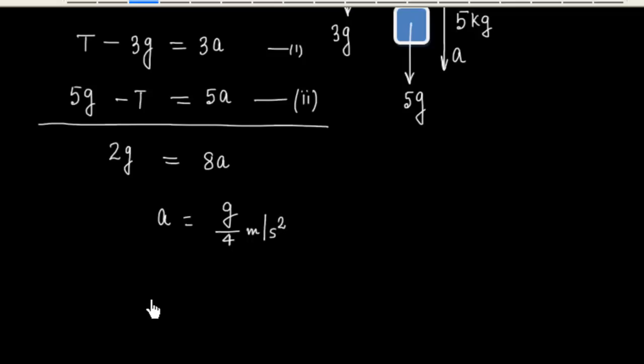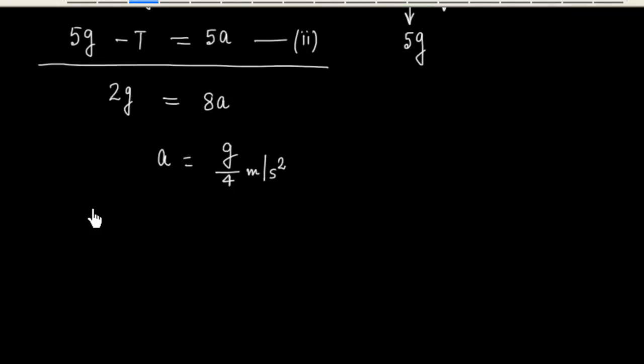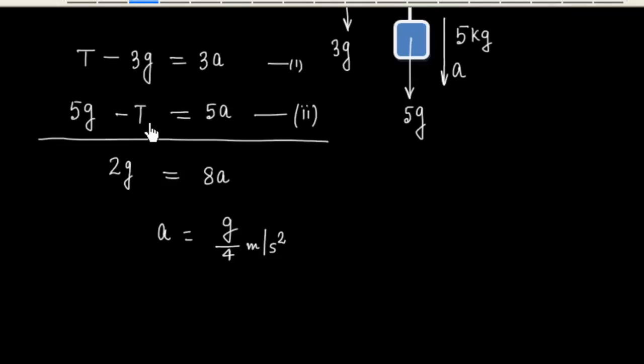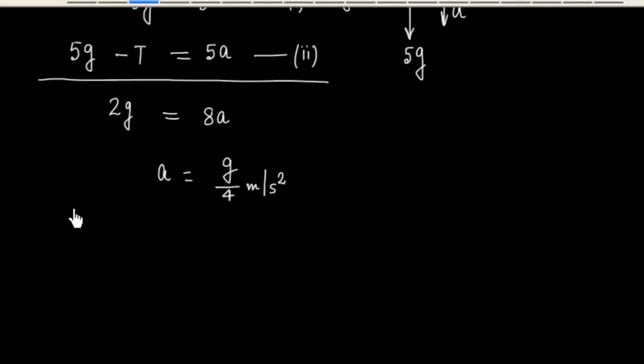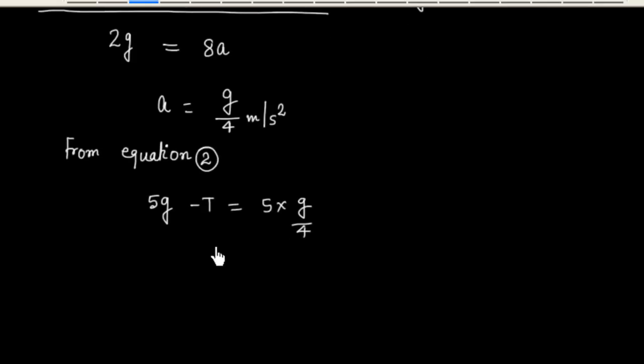Now similarly we can find the tension. Let us put this value of acceleration in equation 2, or any one you can use. From equation 2, we have 5g minus T is equal to 5 times g by 4, since the acceleration is g by 4.